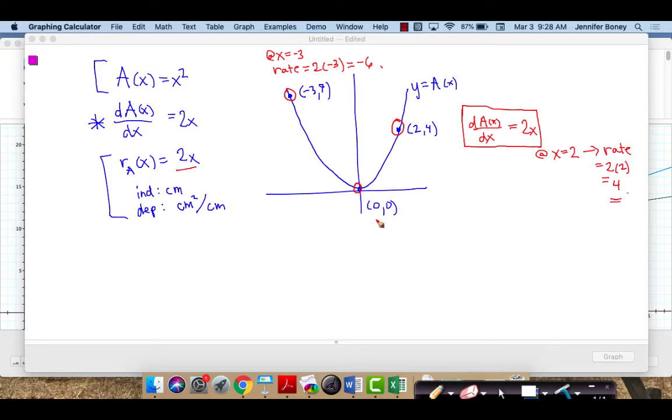But at the moment where x is 0, the rate is supposed to be 2 times 0. So that's 0. Or in terms of the lines we were graphing, if I connect 2 little points within that circle, the slope would be about 4. If I connect 2 points inside that circle, the slope's going to be about 0.